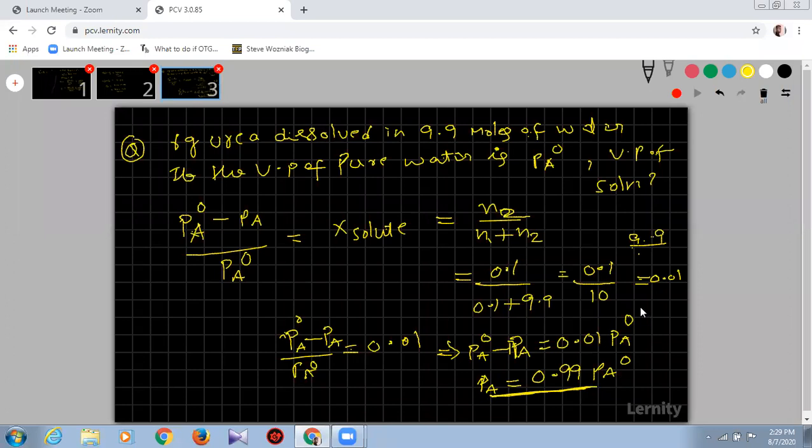And PA naught here is 760, so 0.99 into 760 comes to nearly 732.4.